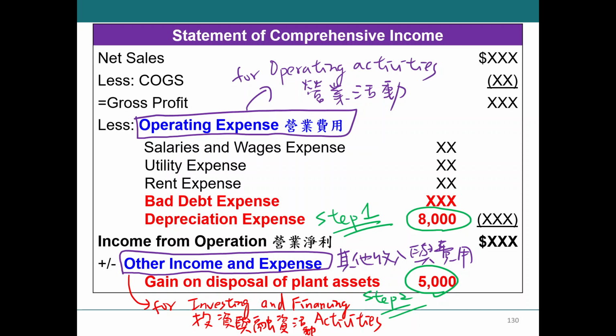You sell your PP, that's an investing activity. Investing activity is like buying my PPE. You buy the house for what? For investment, so that in the future I can get profit from the house. Financing is you borrow money from the bank. That's financing.